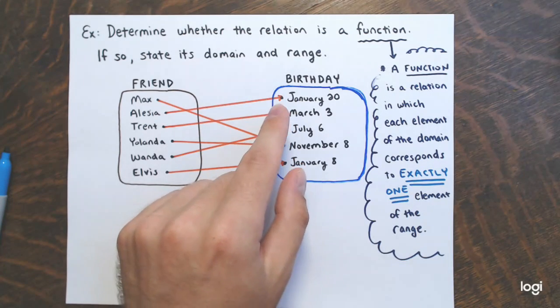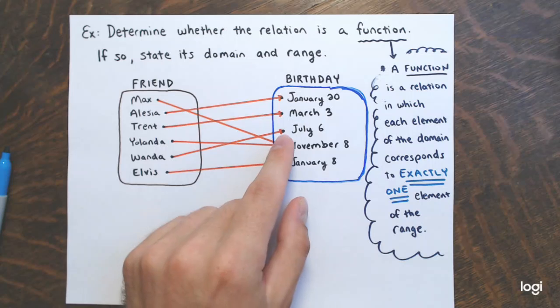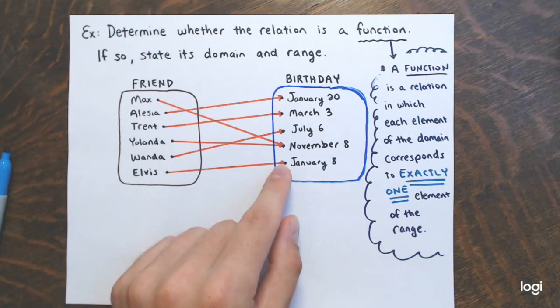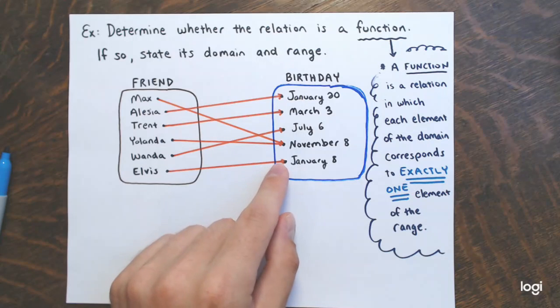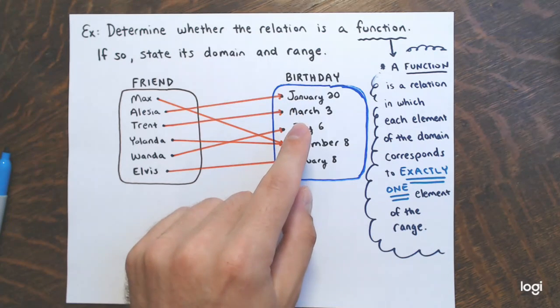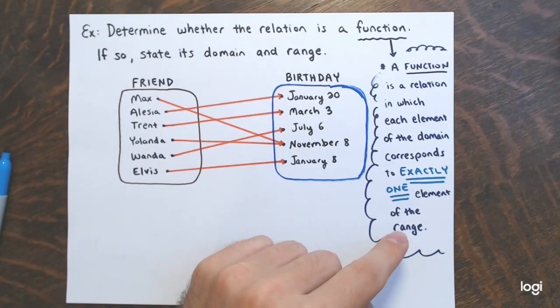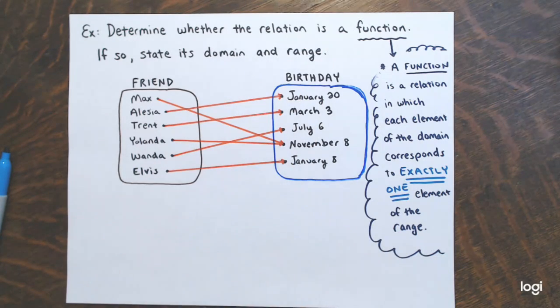January 20th is, March 3rd is, July 6th is, November 8th is, and January 8th is as well. So all of these belong to the range of this relation between the set of friends and the set of birthdays.